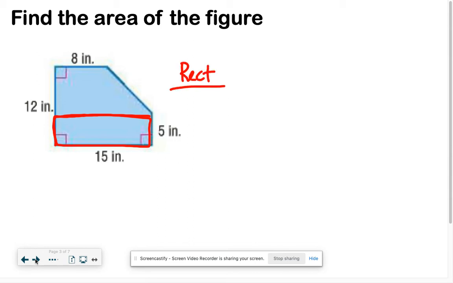I'll start with the easy one first, the rectangle. That's just 15 times 5, which should give us 75. Then up here, we have a trapezoid. This bottom base is 15. For our height, we know up to here was 5, so what's left of our 12 should be 7.